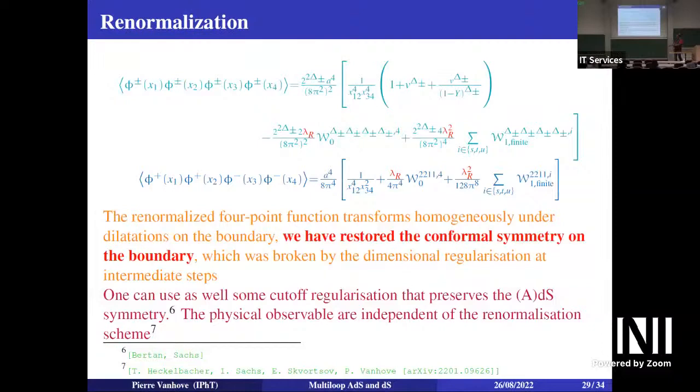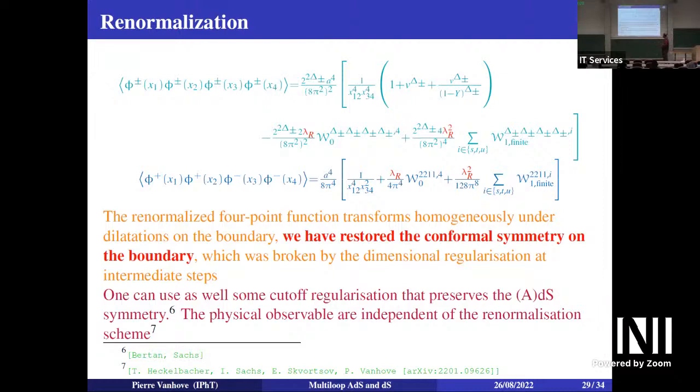but it works as well at the next order, the two loop Witten diagram we looked at, though the integrals are much more complicated to evaluate. But for the renormalization, you don't need the full evaluation of the integral. One of the things we have checked is that it's possible to use a different regularization scheme.